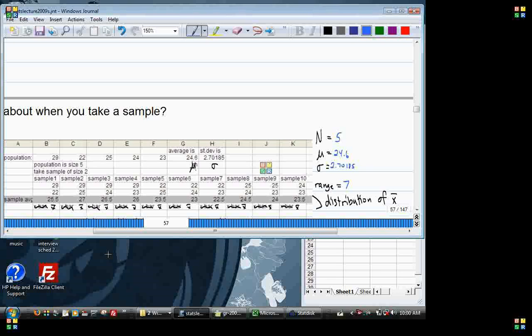So the range is 4.5. So that should immediately give you an intuition about the standard deviation. Is the standard deviation going to be the same? No. What's it going to be? It's going to be smaller. Because just by looking at the range, you can immediately see that the values from the distribution of X bar are going to be packed closer together than in your population.